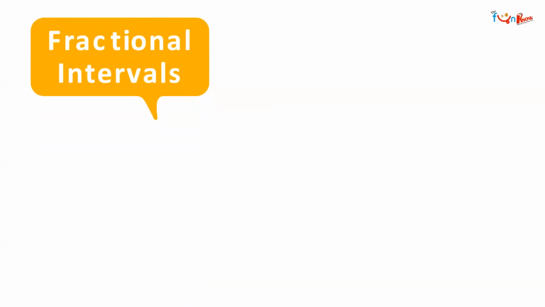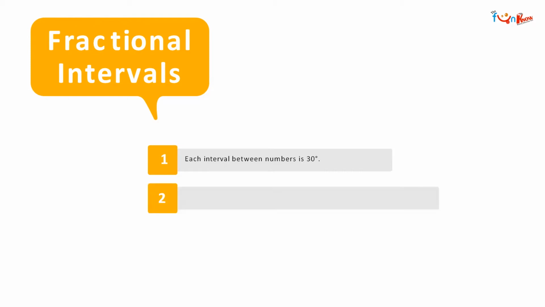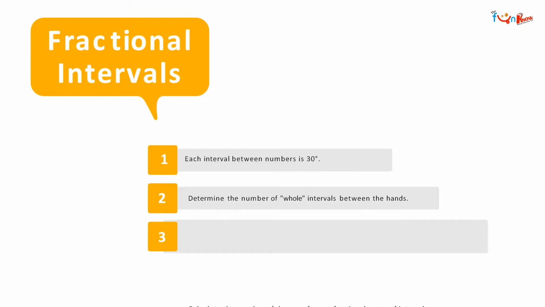Now the next one is the fraction interval. What is a fraction interval? Each interval between numbers is 30 degrees. We know that. So if the hand is on a particular number, let's say 1, 2, 3, etc., then you know how much angle it has moved. But let's say the hand is in between.